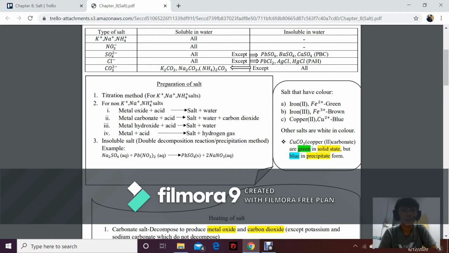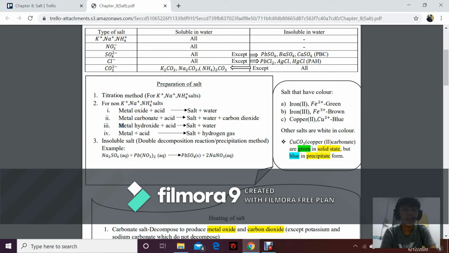You will produce the salt, which is the metal carbonate, let me remind. So you got the metal carbonate like Pb. So you will produce the salt PbCl2. So we know PbCl2 is insoluble salt. And plus water H2O and CO2 carbon dioxide. So for carbonate salt, you will produce carbon dioxide as the byproduct.